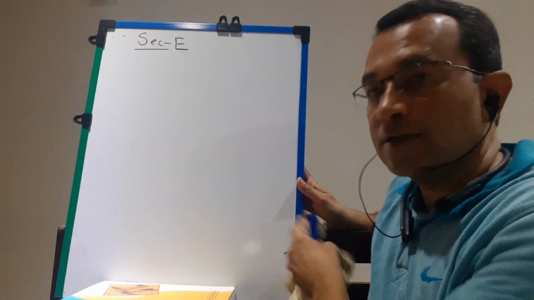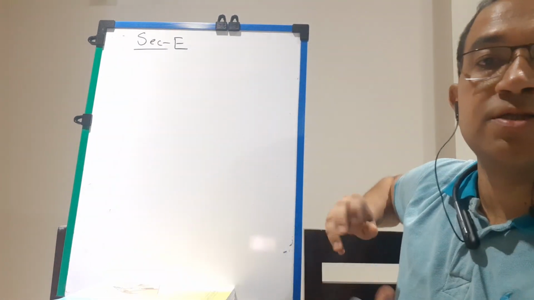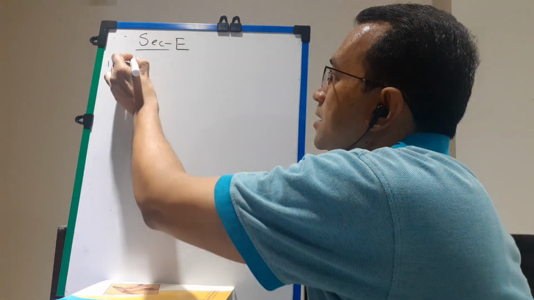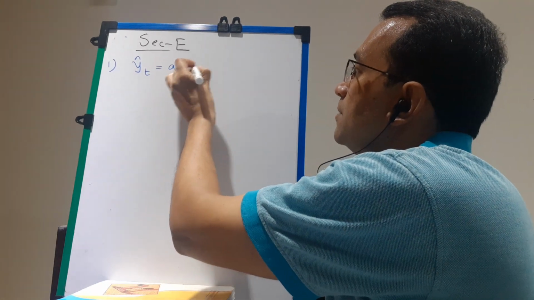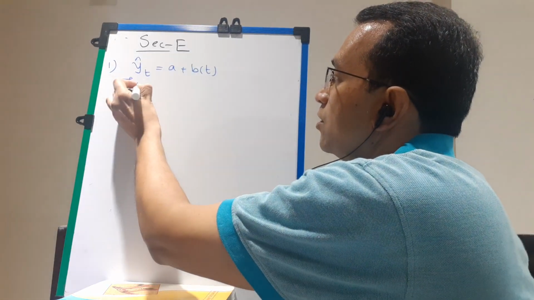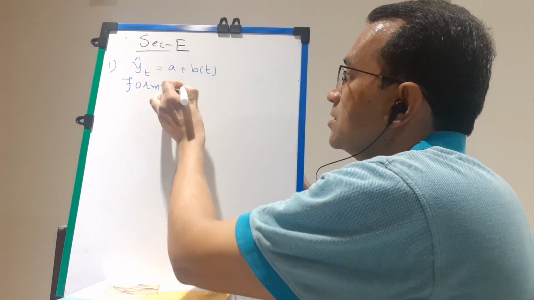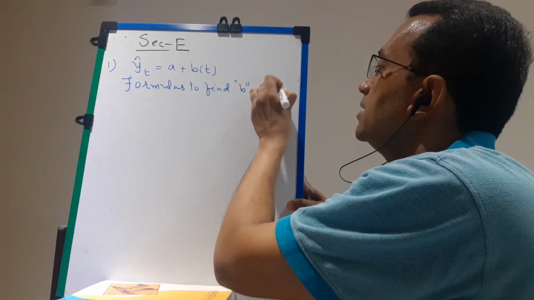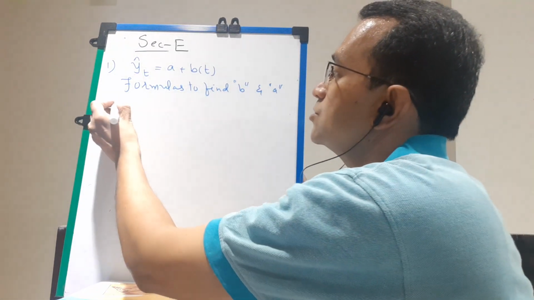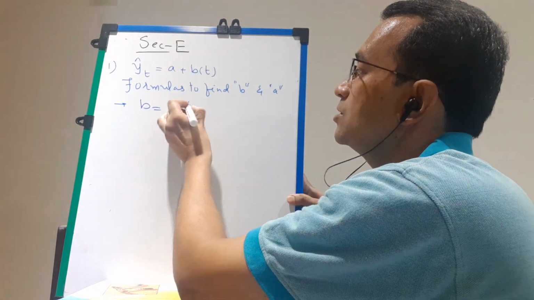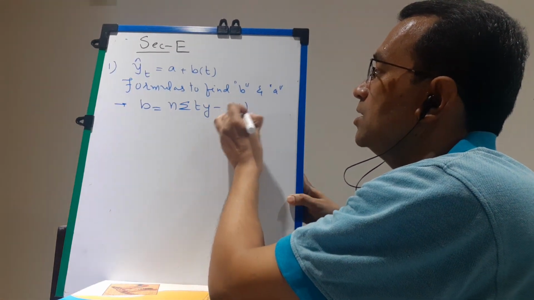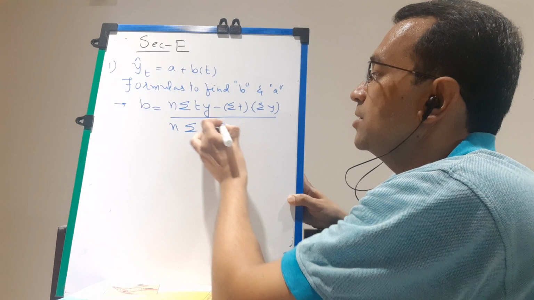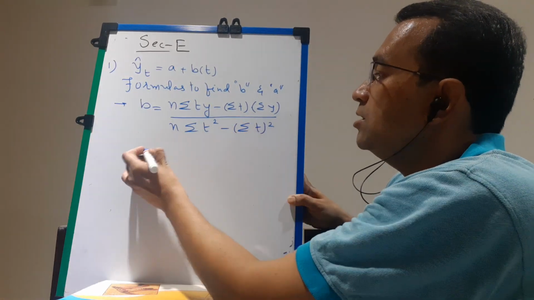And then students, we write the formulas to obtain constants B and A. Now students, B is equal to n sigma ty minus sigma t into sigma y upon n sigma t square minus sigma t the whole square.